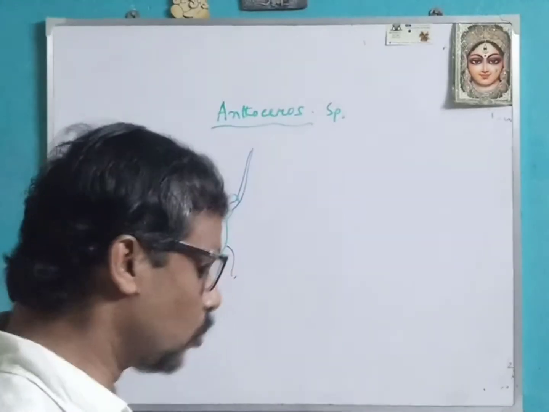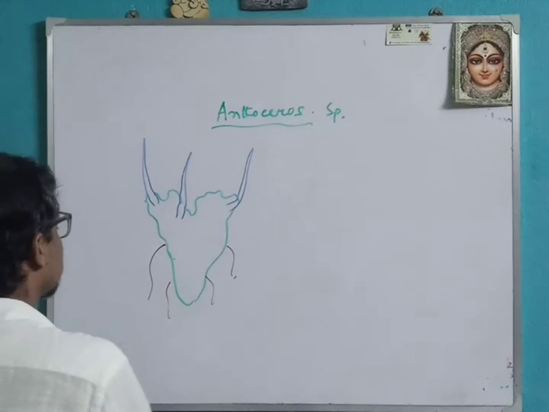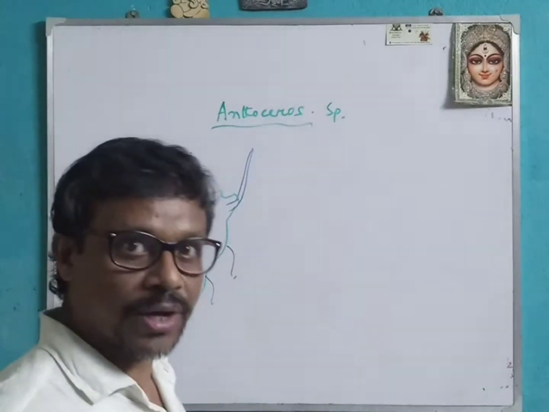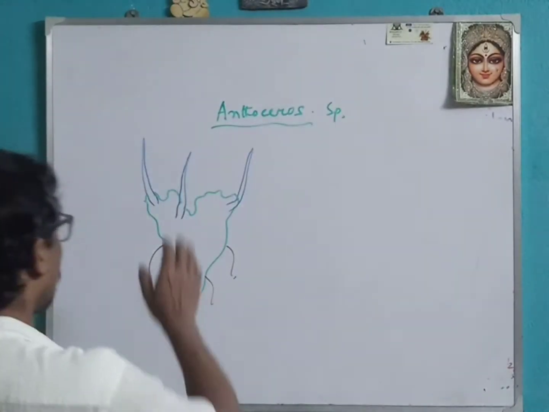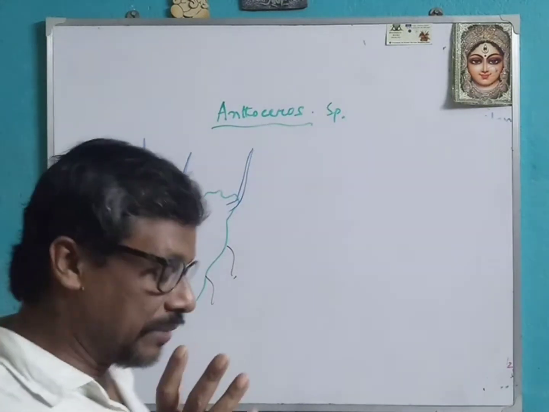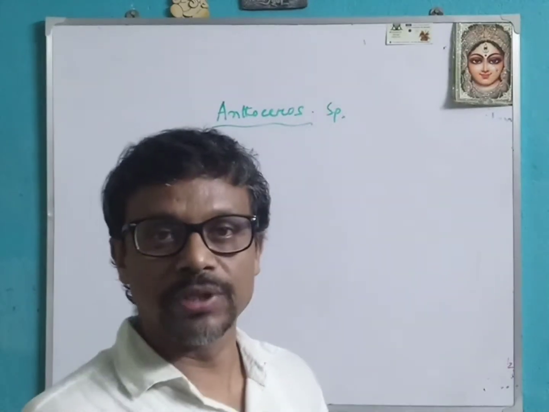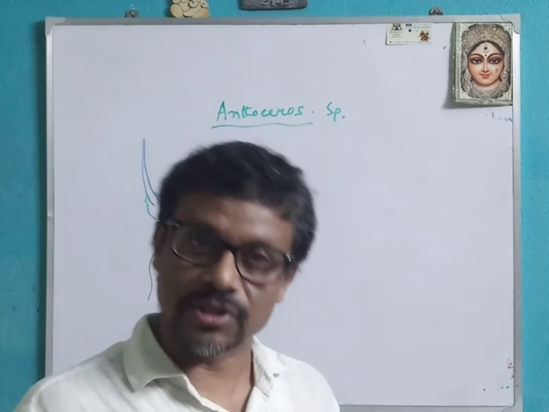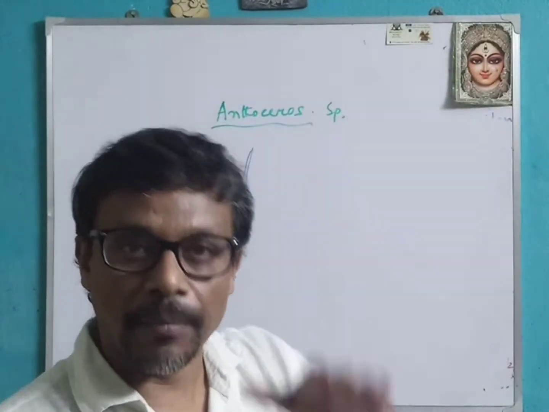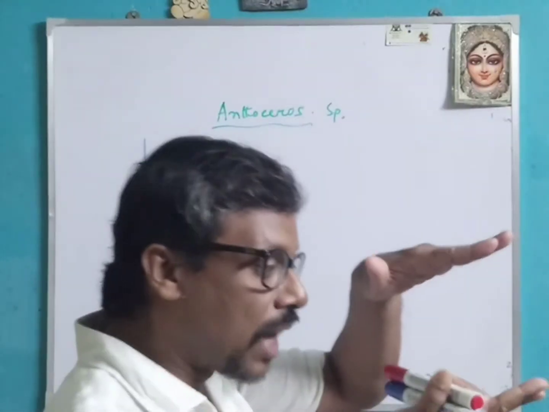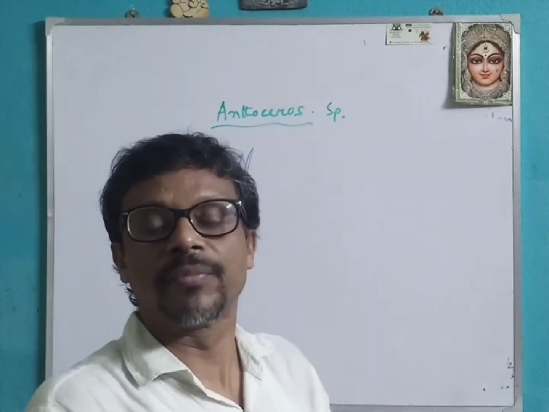When we go for a section, the internal structure of Anthoceros is very simple. As we have seen in Marchantia, it was elaborate. It showed an upper epidermis and lower epidermis, and between them an extensive zonation.